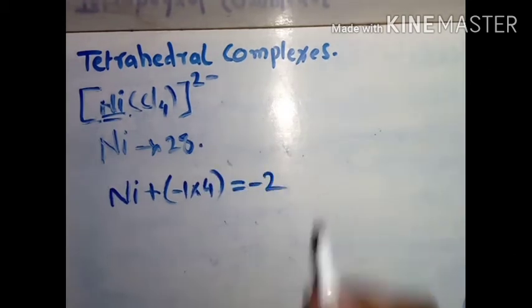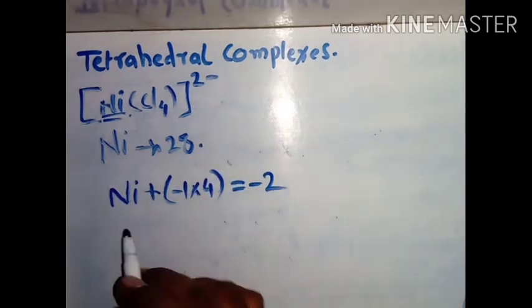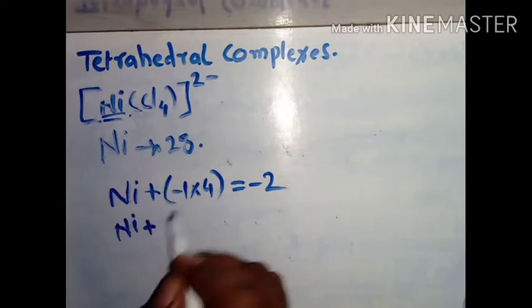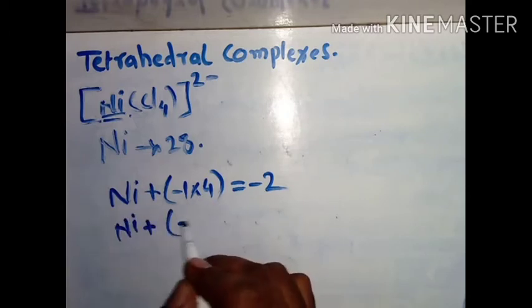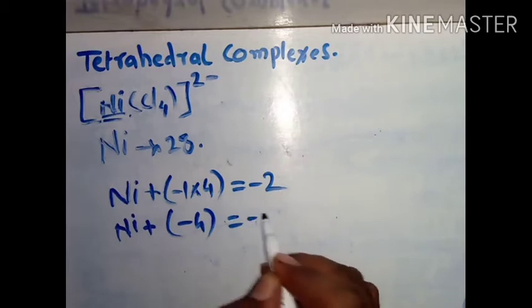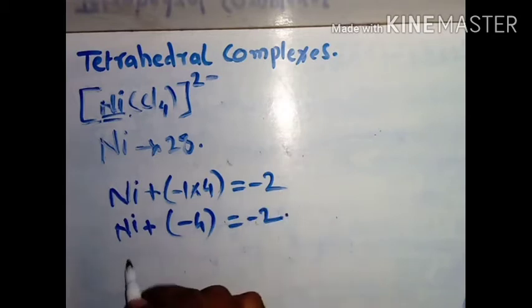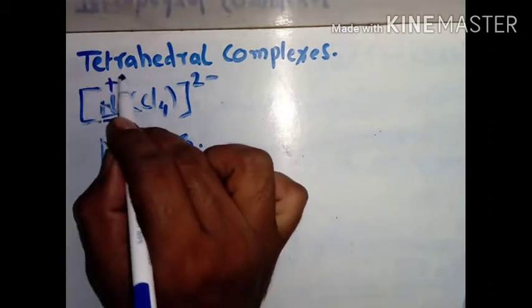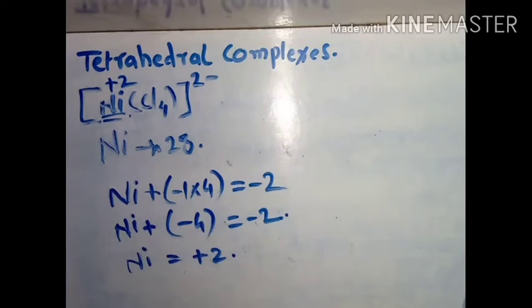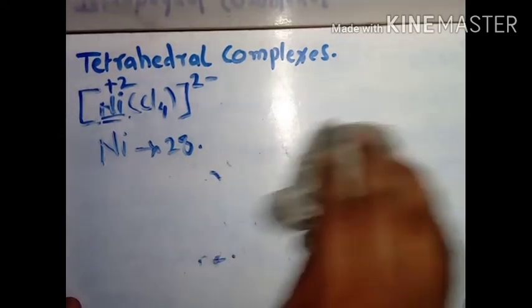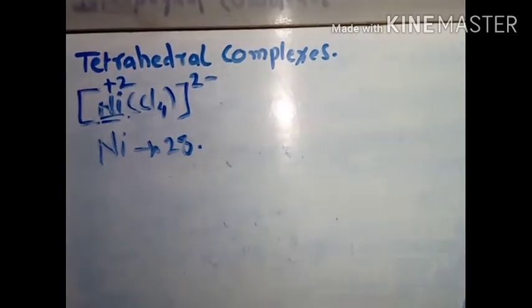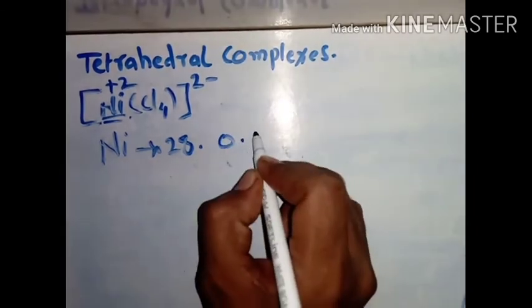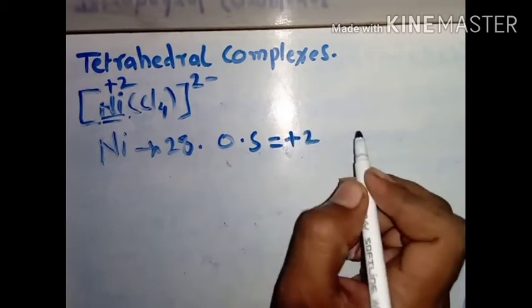Solving the bracket, Ni plus (-4) equals -2, so Ni is equal to +2. So in this way we can calculate the oxidation state of a given complex. Now we can write oxidation state, OS, is equal to +2.